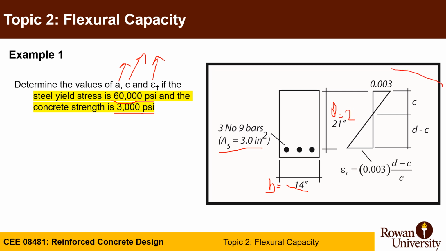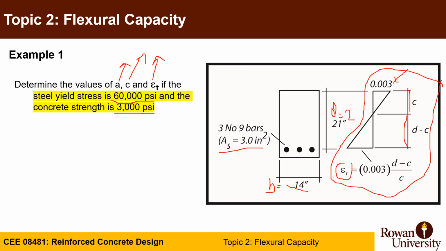Here is the strain distribution where the concrete reaches 0.003, while the c value is here and this d minus c value is here, and this is the strain epsilon t, which is 0.003 times d minus c divided by c.